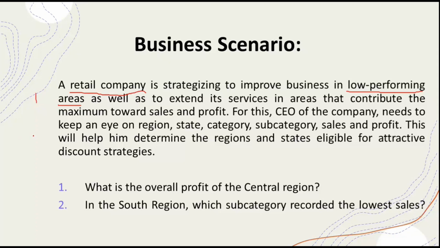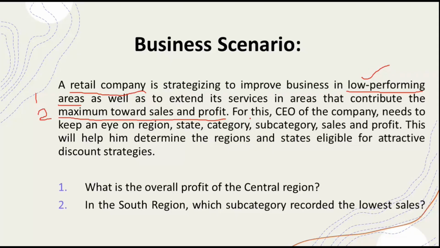The first business requirement is low performing areas, right? We have to analyze where the company is performing very low, as well as extend its services in the areas that contribute the maximum towards sales and profit. So the second thing that we have to analyze is where the maximum sales and profits are. This is your second point.